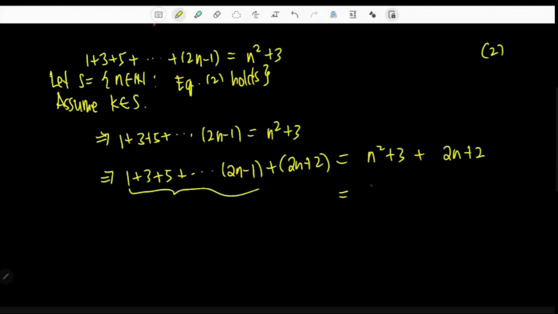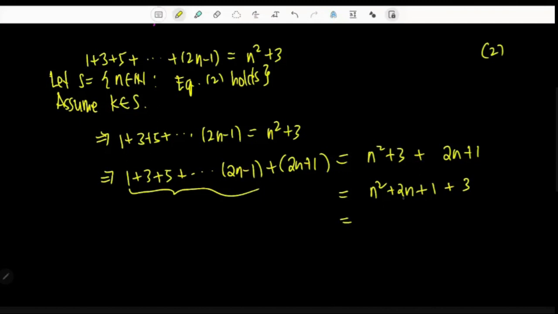Well, this is equal to n squared plus 2n plus 1, sorry, this should be plus 1. So what I'm going to do is I will keep the plus 1 on n squared plus 2n and I will split the 3 on the other side.